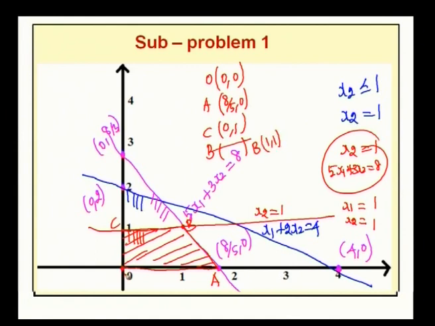So the coordinates of O are 0, 0, A is 8 by 5, 0, B is 1, 1, and C is 0, 1.